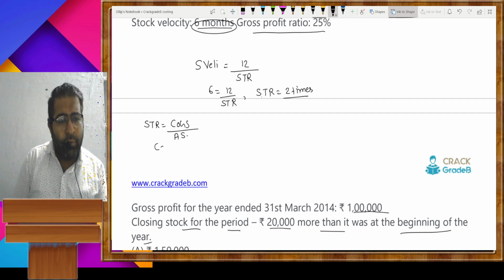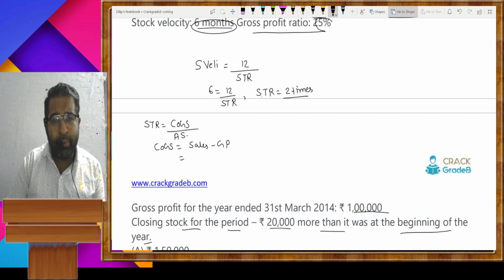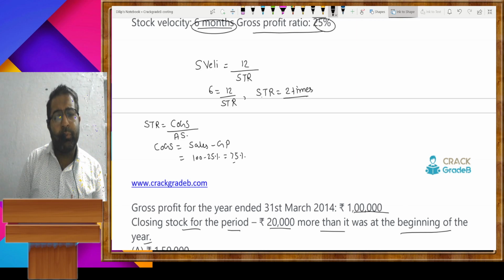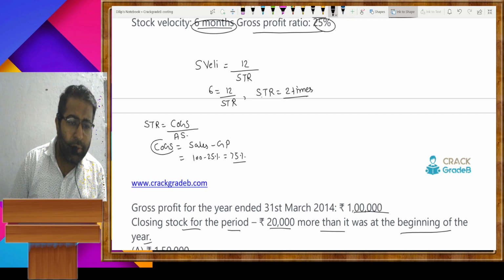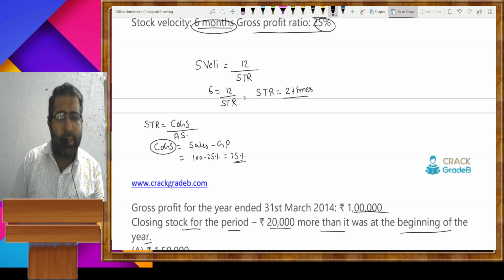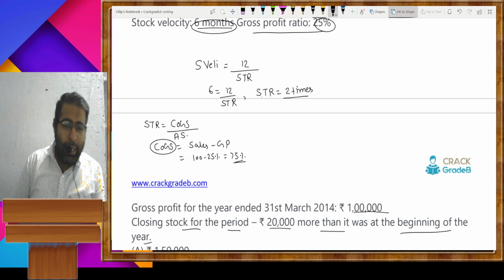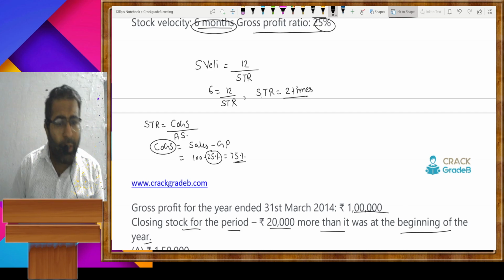First of all, cost of goods sold, that is sales minus GP. GP is given 25%. So 100 minus 25% equals 75%. So cost of goods sold is 75% and gross profit is 25%.